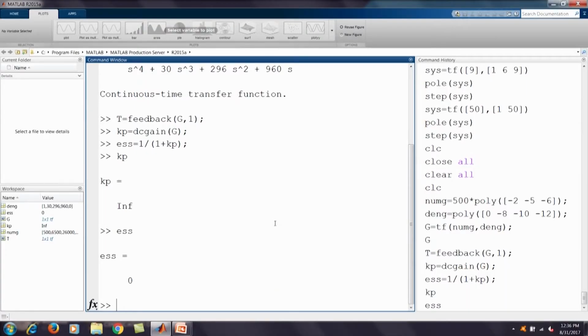We are redefining the numerator: numsG equal to conv of [1 0]. This is a polynomial, that is s and 0, so it is just s, with the earlier numG.